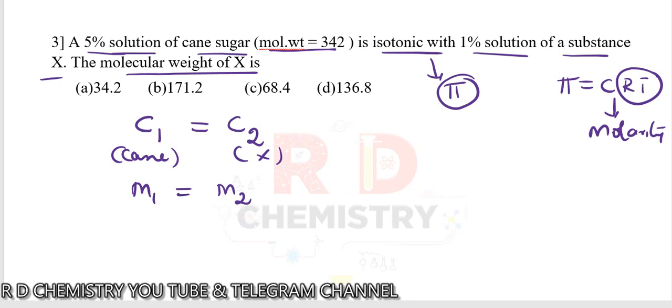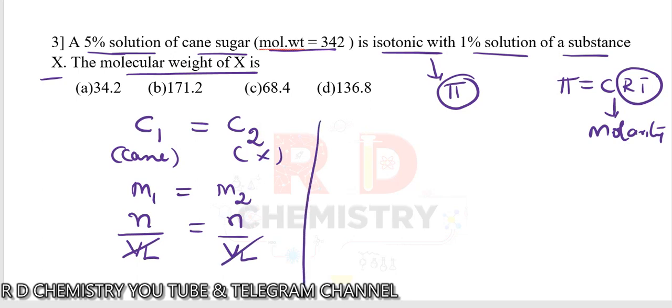How to calculate molarity? Molarity is equal to number of moles of the solute divided by volume in terms of liters. This side also number of moles of the solute divided by volume in terms of liter. Now they give in terms of percentage. Why? Percentage is always out of 100 ml. So therefore, these volumes are same on both sides. How to calculate number of moles? Number of moles equals given mass divided by the molar mass for the first one, equal to given mass divided by the molar mass of the second one.